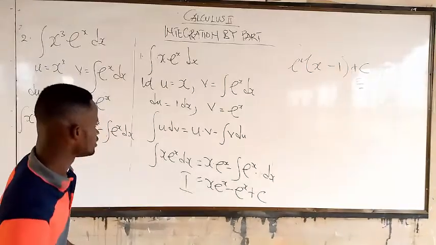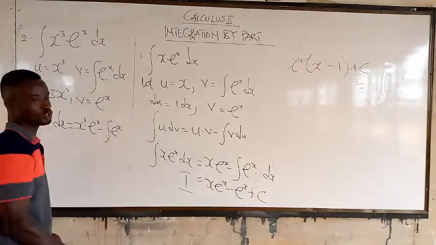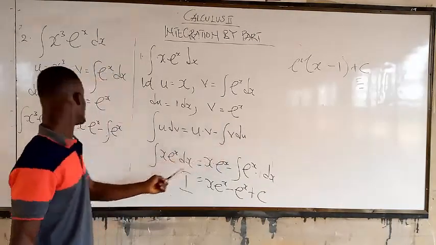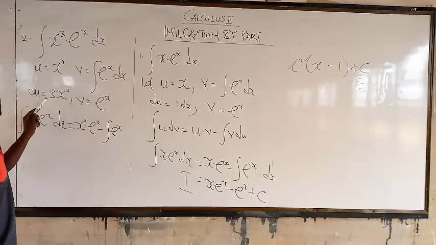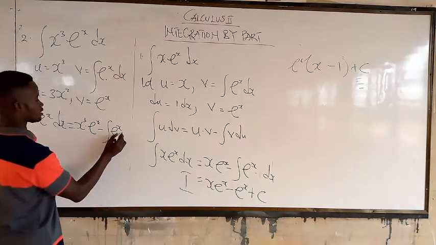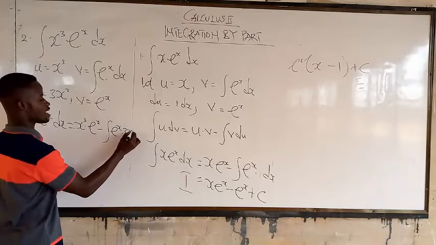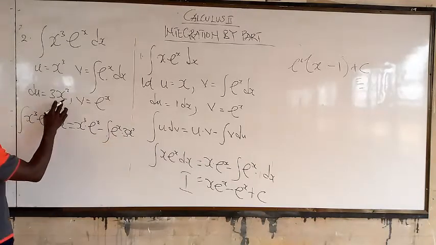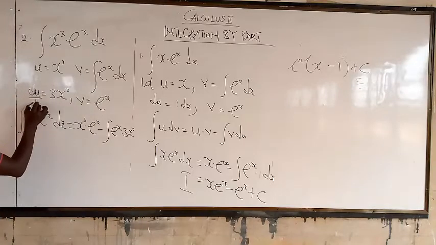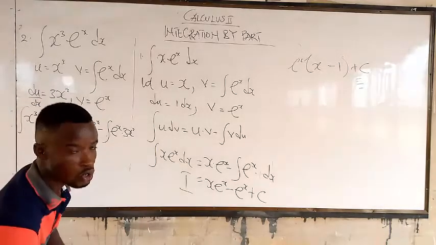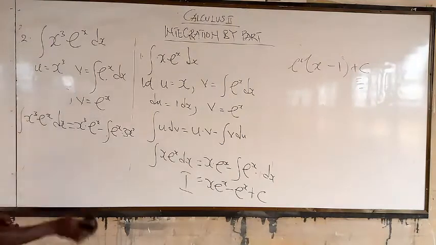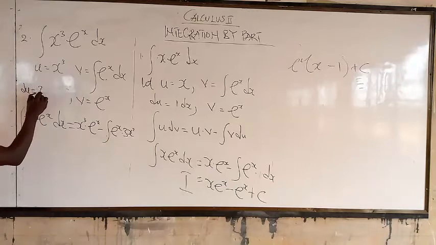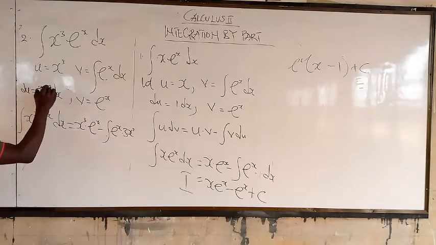Oh, sorry, du. And what is du? The du here is representing what is here. du is 3s squared, and we know that here is du over ds. So we can write it as du is equal to 3s squared ds.